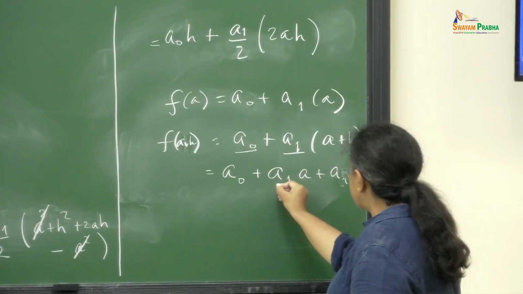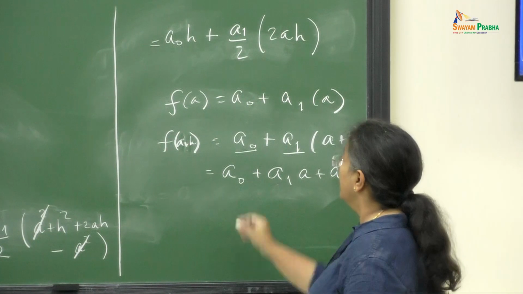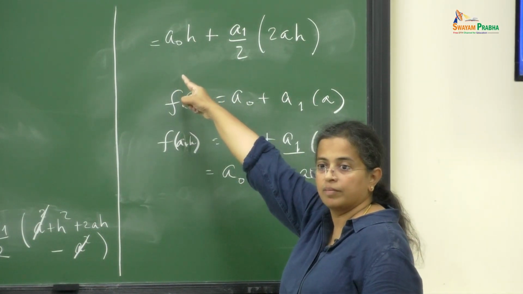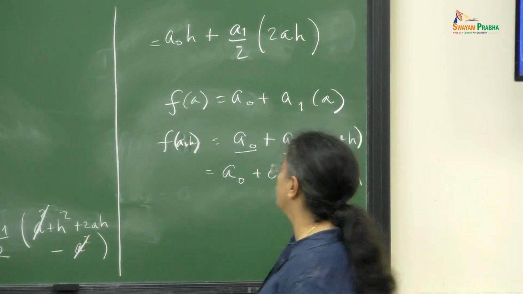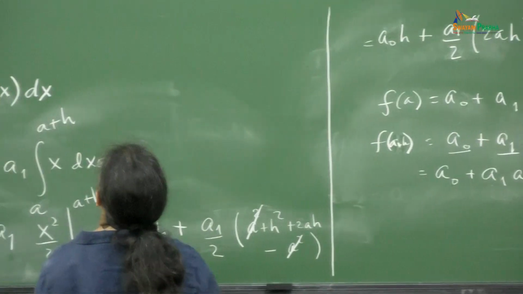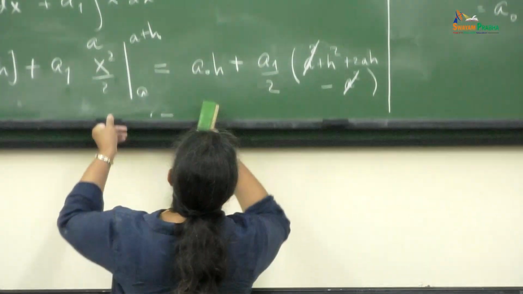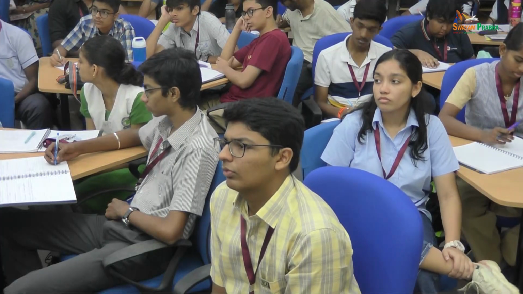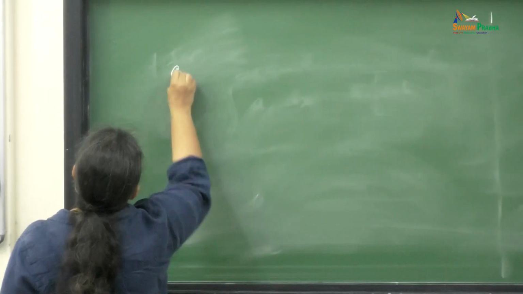So if I solve for a0 and a1, then I can plug it into this equation. Okay. So what should you get? You will have to get a0. Can you solve and tell me and substitute? What would you get? One minute. So what do you get a0 as?